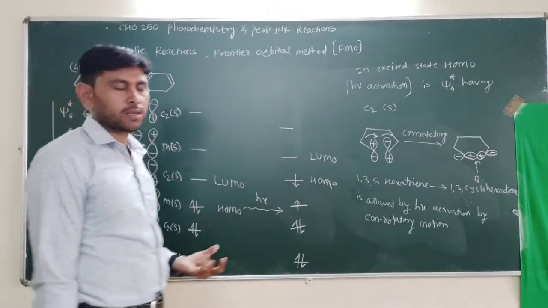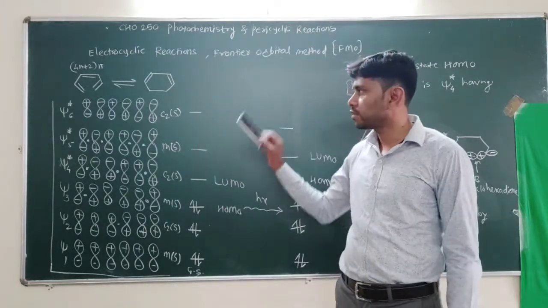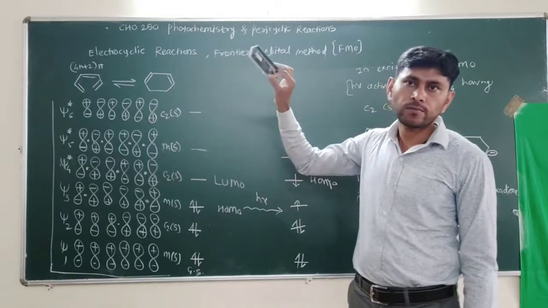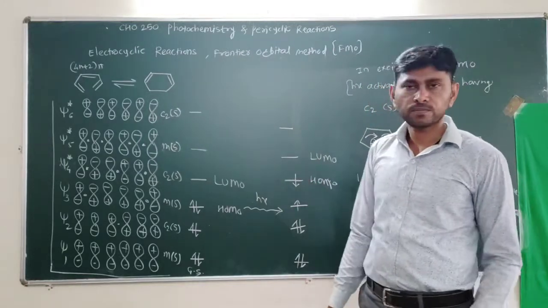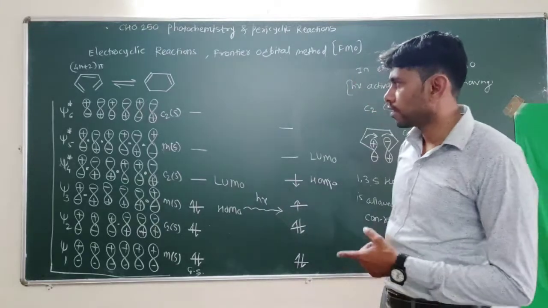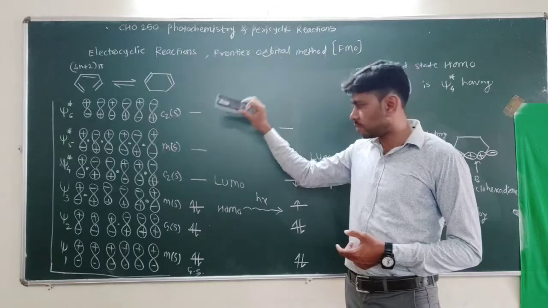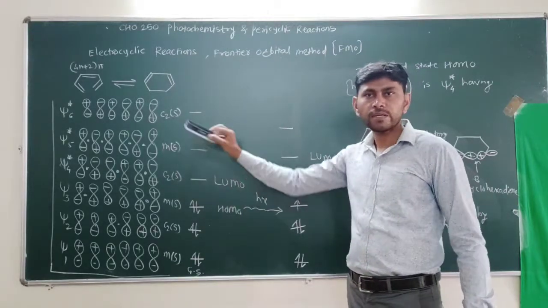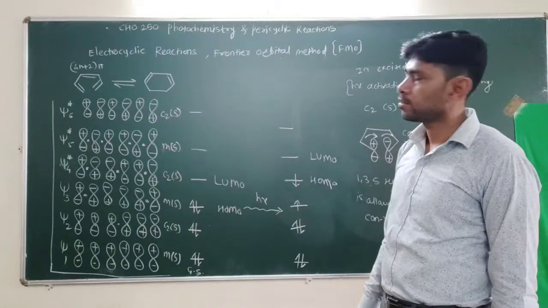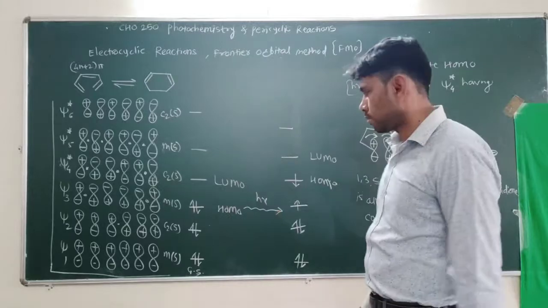So this is about the frontier molecular orbital method. Before that we showed the correlation diagram method, and the frontier molecular orbital method for 4n pi electron systems and 4n plus 2 pi electron systems. In these systems we showed how to identify the symmetries, M symmetry and C2 symmetry, and how to draw the molecular orbitals, for both reactant and product.